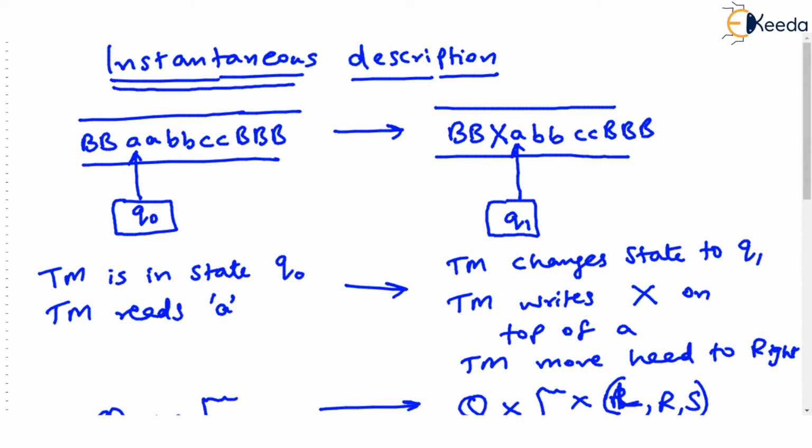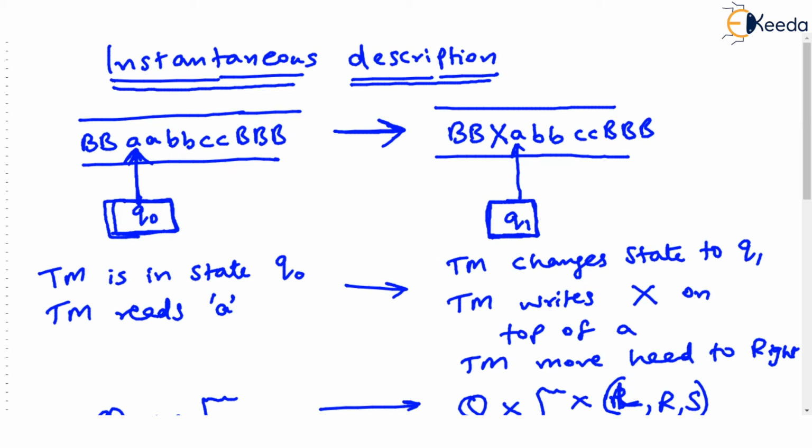Instantaneous description. Just imagine Turing machine is in Q0 state right now. So I have shown Q0 and in this state it is reading A. Okay, input A. And imagine that Turing machine decides to change the state to Q1. Look how from Q0 Turing machine has entered Q1 state.